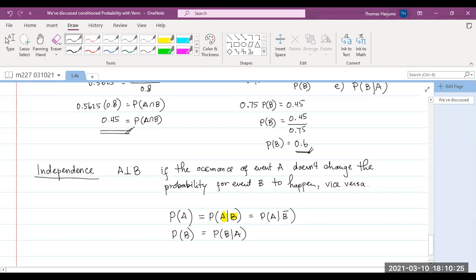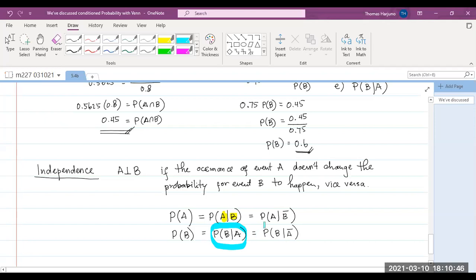Now, likewise, the probability of B to happen is the same as the probability of B to happen knowing A happened or knowing A did not happen. This is the probability of B to happen knowing A also happens.